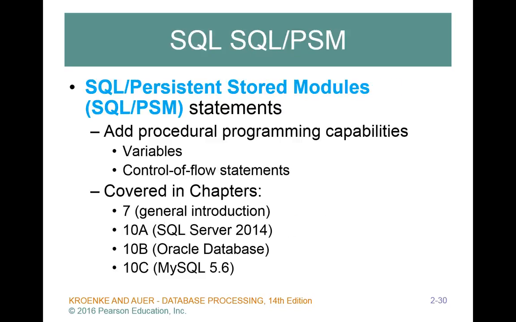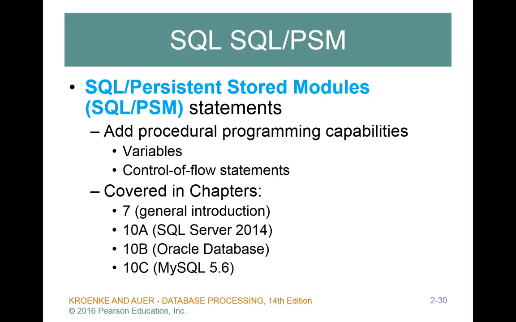SQL persistent stored modules statements, we will touch on generally, briefly in Chapter 7, as a general introduction, but if you want to get more information on that or spend a little bit more time on that, that would be Chapter 10.